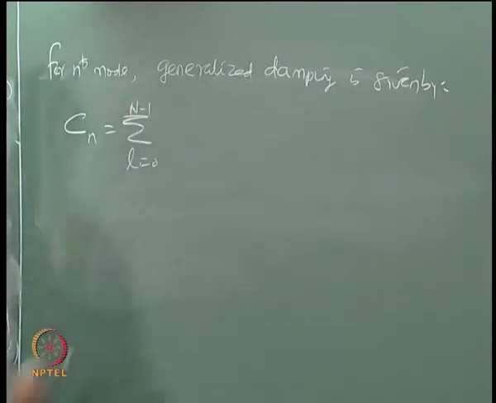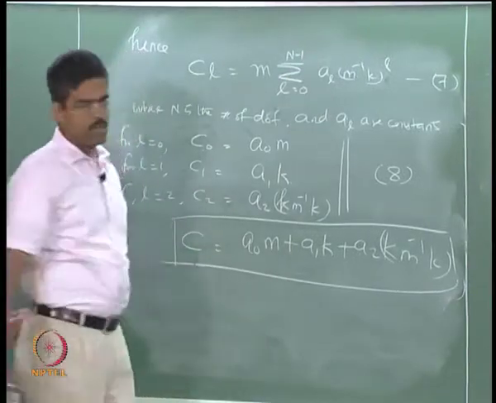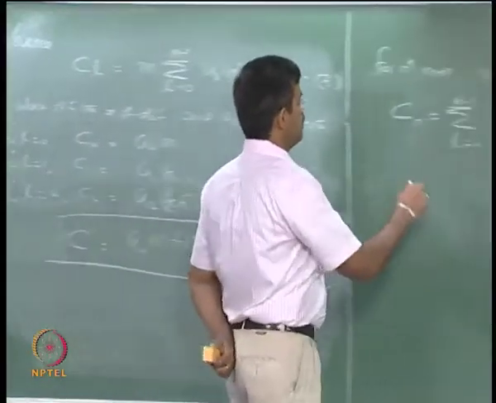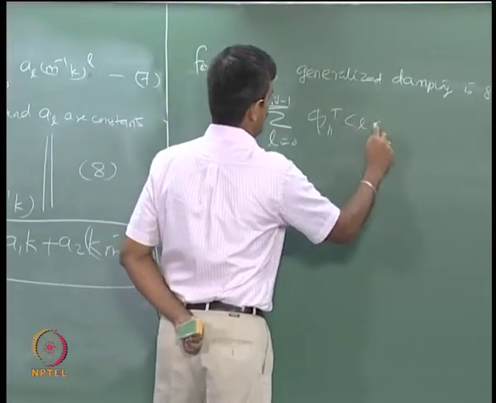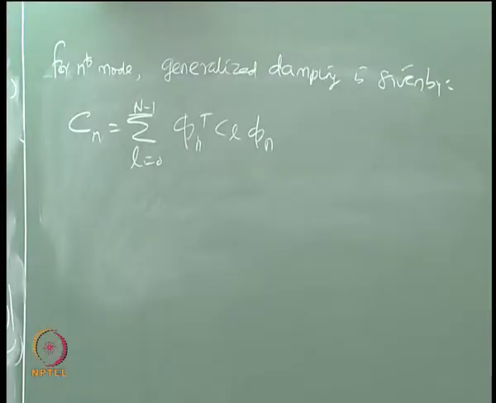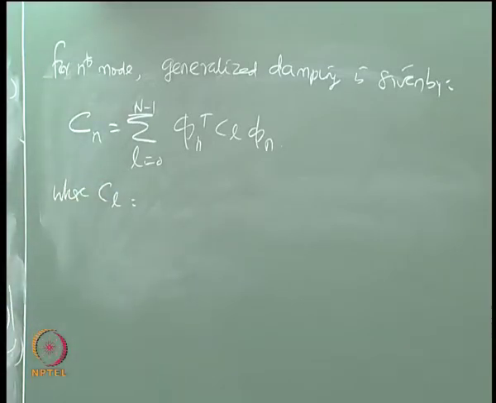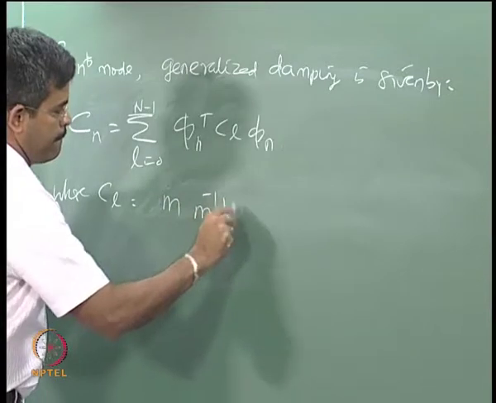I am using the same equation back again here, rewriting it slightly in a different form: phi n transpose Cl phi n, where Cl is M inverse K to the power L of K.